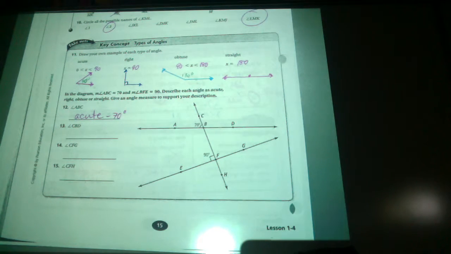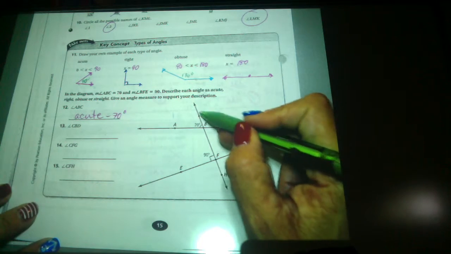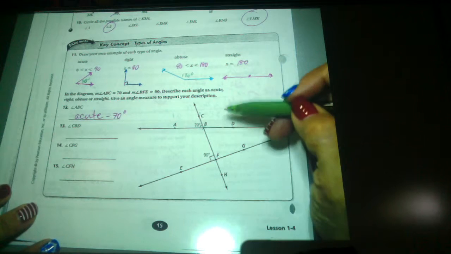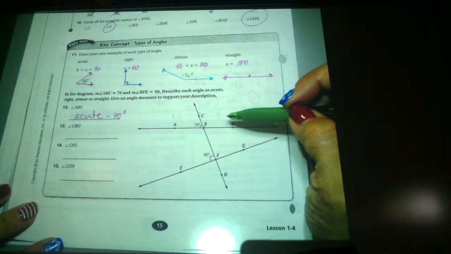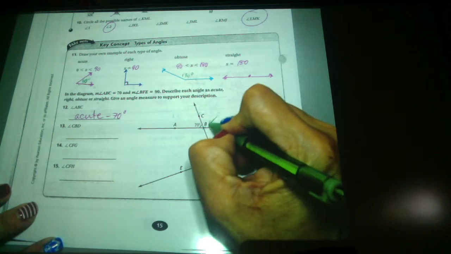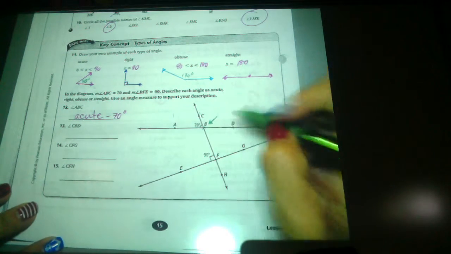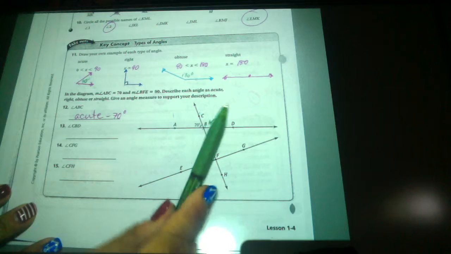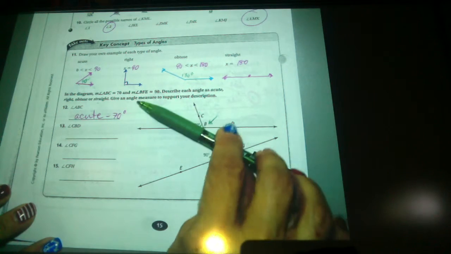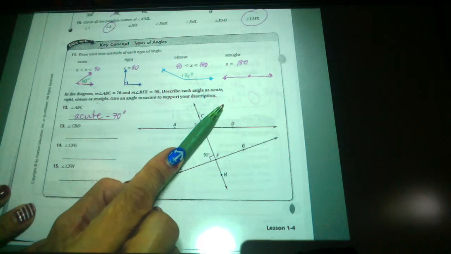Then angle CBD. Trace it with your fingers from C to B to D. What's the degree of that angle? 110. How do I know it's 110? These 2 angles right here create a straight line. So that means that the measure of this angle plus the measure of this angle adds up to 180 degrees.